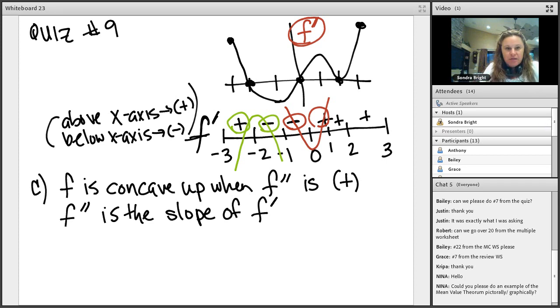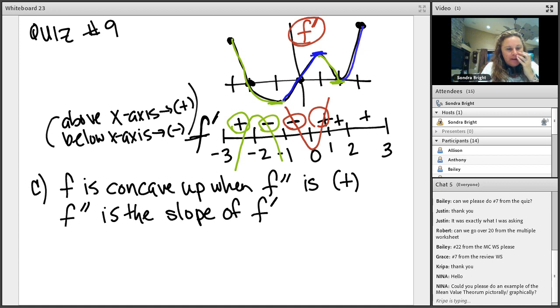To me, this is what I see. I see the slope is negative, 0. I'll do a different color now. Positive slope here, 0. Negative slope, 0. And then positive slope again to there.